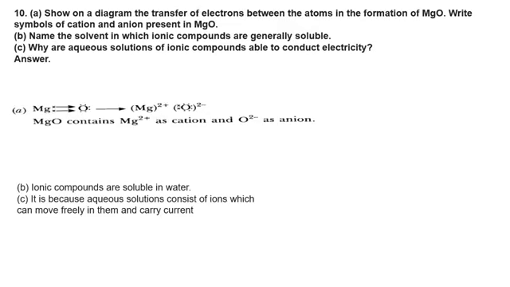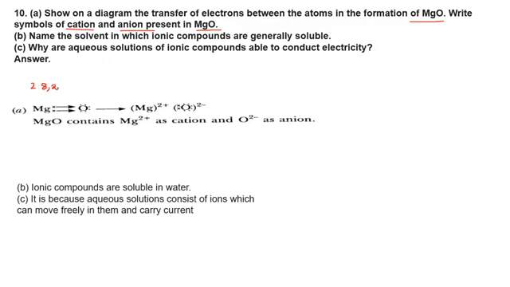Next, you have to show on a diagram the transfer of electrons between the atoms in the formation of MgO. Write the symbol of cation and anion present in magnesium oxide. Magnesium has valency 2, atomic number 12, so electronic configuration is 2, 8, 2.